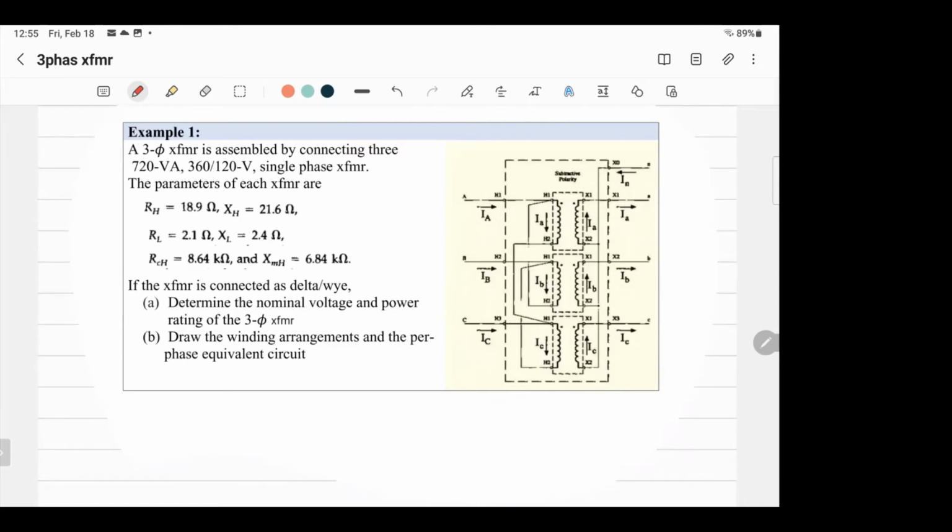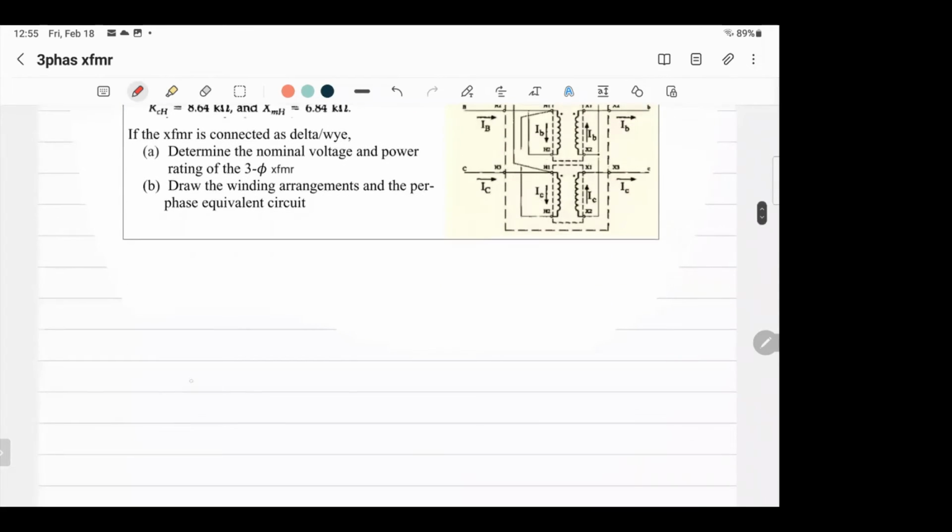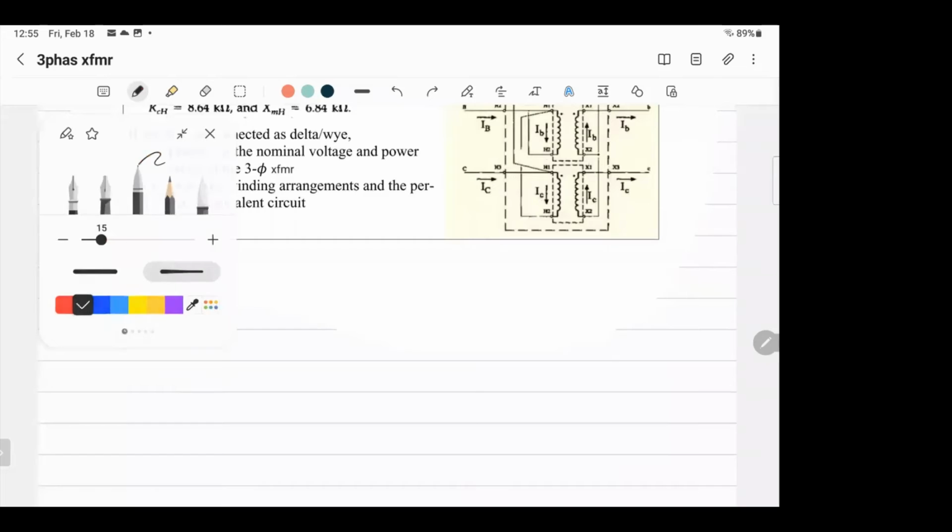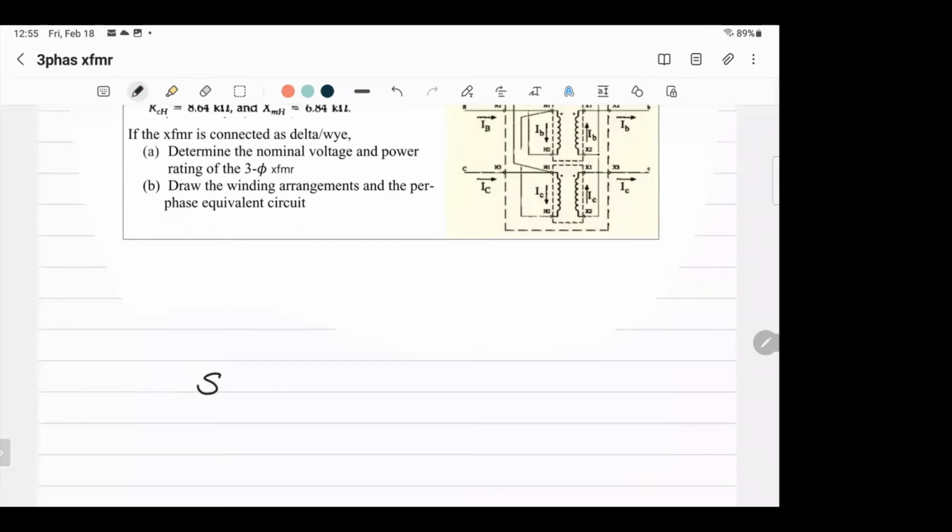So the first thing we do, you find the rated value of the three-phase transformer assembled by three single-phase transformers. The power of the three-phase transformer is equal to 3 times the power of one phase, because you are adding them. So 3 times it's 720.